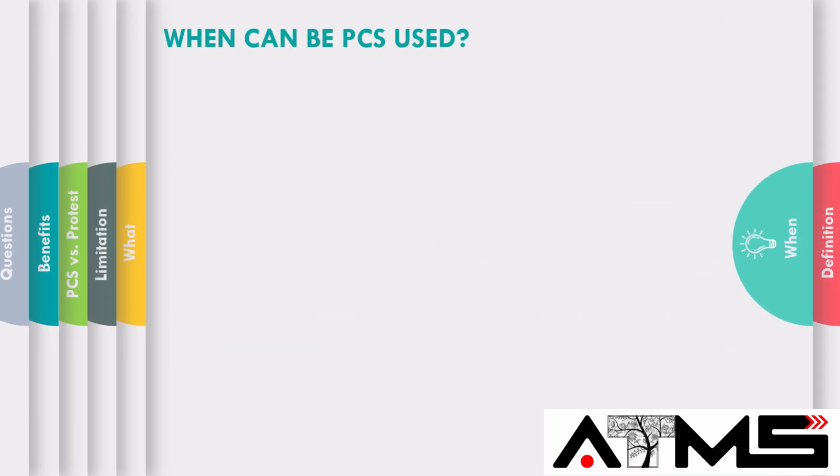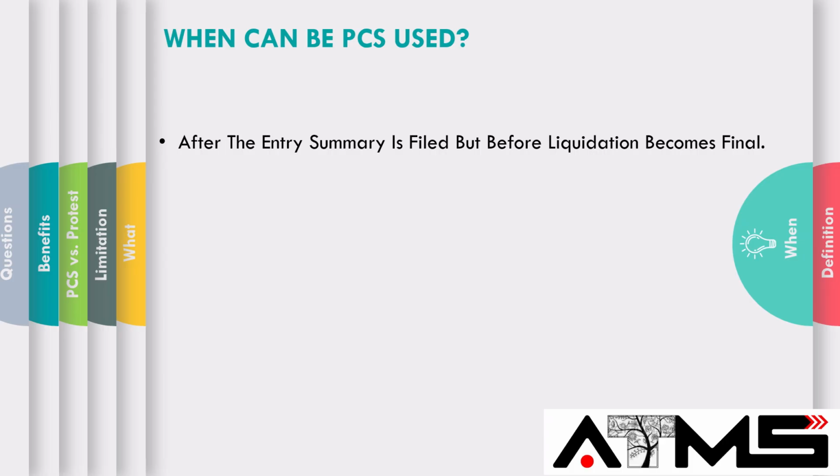So when can PSC be used? Generally speaking, PSC can be submitted after the entry summary is filed, but before liquidation becomes final. Liquidation happens 314 days after the entry summary is filed.